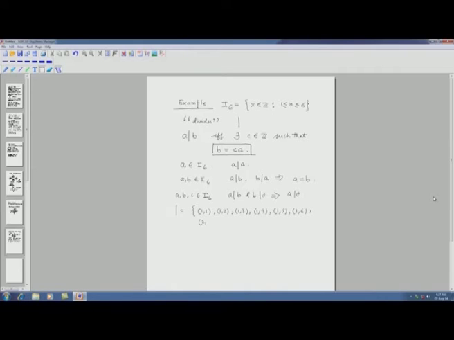Then starting from 2 I have 2 2 and then 2 4 and 2 6. Starting from 3 I have only 3 3 and 3 6. Starting from 4 I have only 4 4 and then I have 5 5 and I have 6 6. This is the relation.